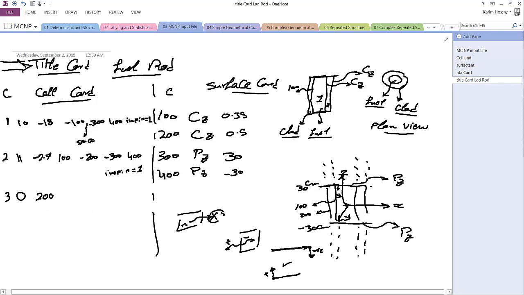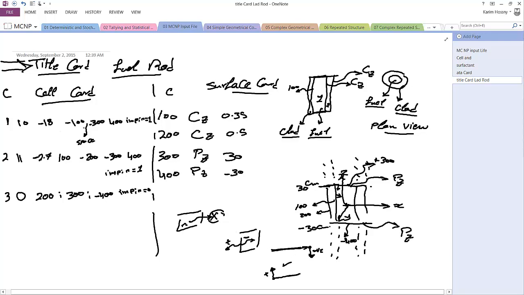Here, I set the material number 0, therefore there is no density. Or in the positive direction of the 300, or in the negative direction of 400. And importance of neutron equals 0, so it can terminate the history.